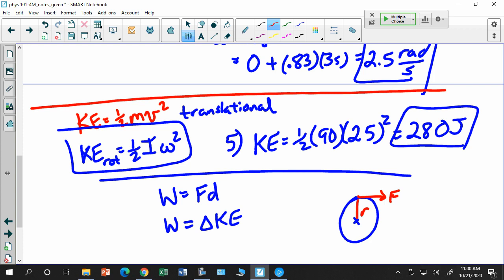And if you can imagine F times D, you might be able to imagine an expression for work in a rotational frame. I'm just going to replace my force with torque and replace D with theta.